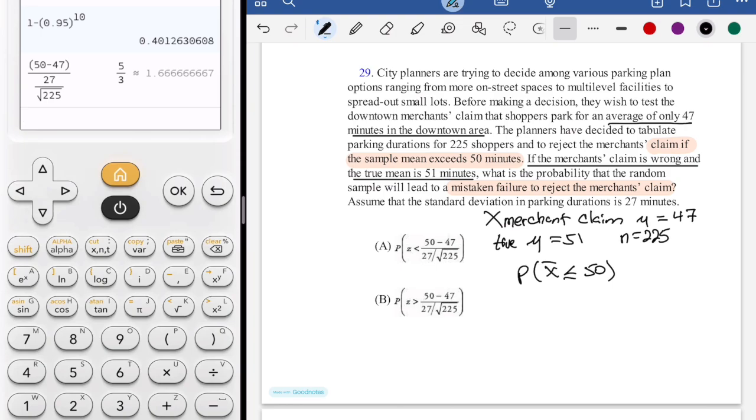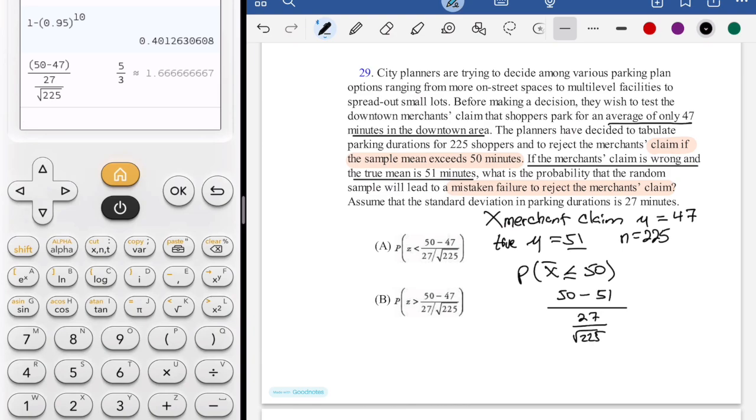If I convert this over to z-scores, I'll worry about that in a minute. The fraction is going to be 50 minus the true mean of 51, standard deviation 27 over the square root of 225. That's the z-score corresponding with x.